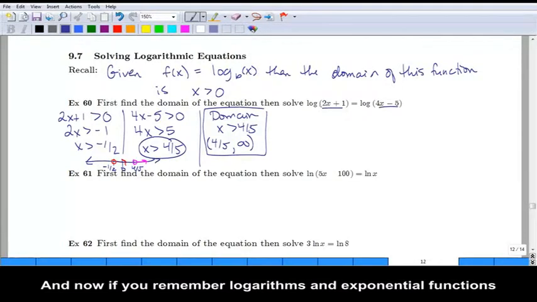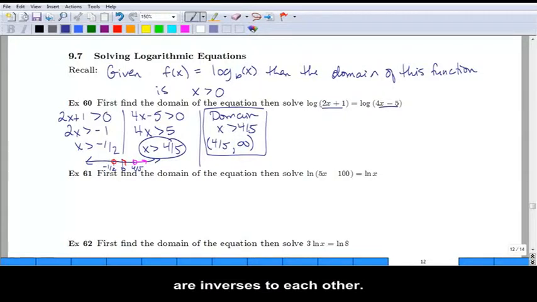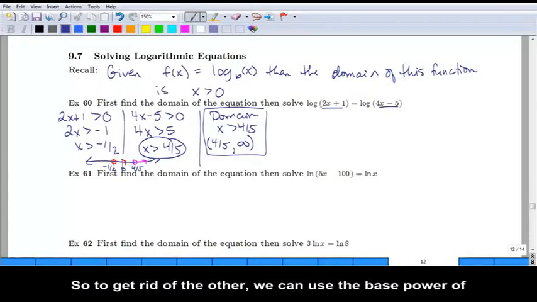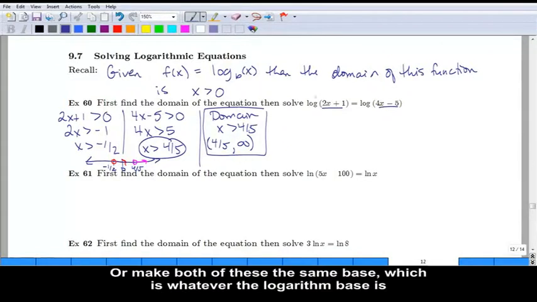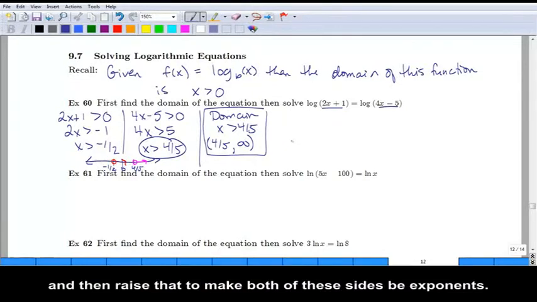And now if you remember, logarithms and exponential functions are inverses to each other, so to get rid of the other, we can use the base power of whatever our logarithm is and raise both sides to this power, or make both of these the same base, which was whatever the logarithm base is, and then raise that to make both of these sides the exponents.